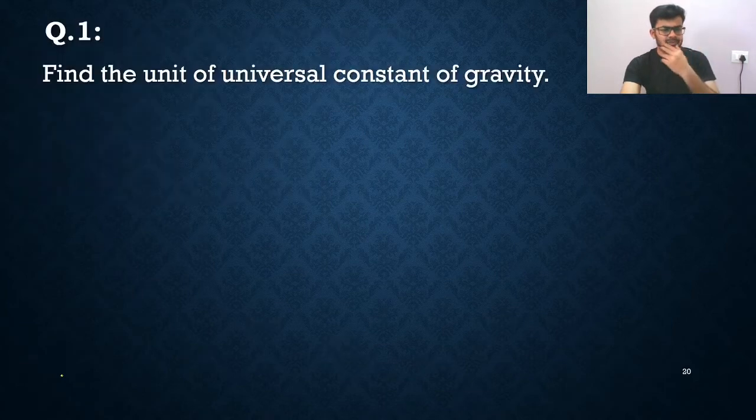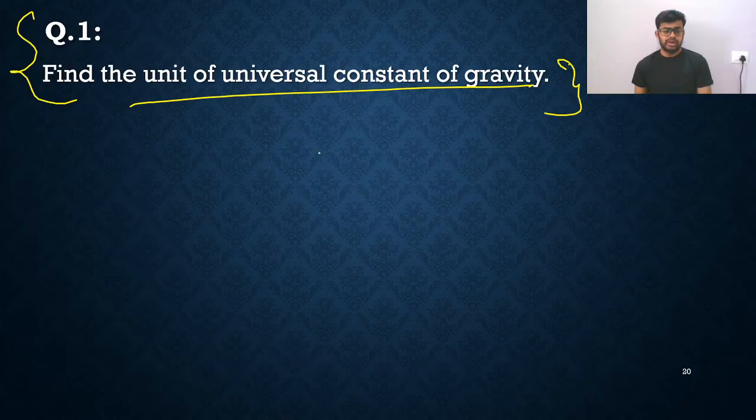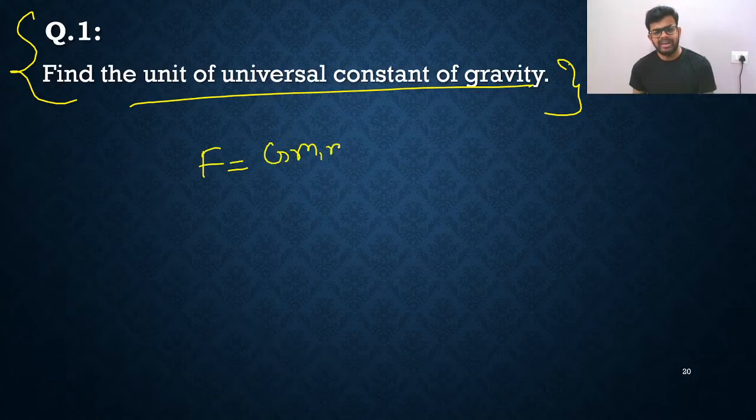Let's move further. Now I'll talk about question number 1. Find the unit of the universal constant of gravity. My dear friends, a very basic and very important question. It was asked in NEET in some year. For that, the first thing you need to remember is the physical formula, G m1 m2 upon r square, the gravitational force.